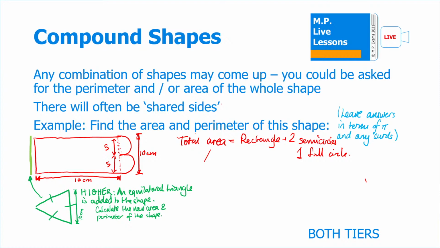So what we do first to calculate the area of the rectangle is this length times the width, so 16 times the width, which is 10. And then the 2 semicircles, or 1 full circle, so the diameter is 5. So the radius is 2.5, so that'll be pi times 2.5 squared.